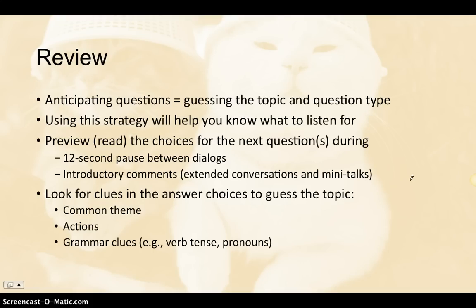You should read the choices for the next questions during the 12-second pause between the dialogues and during the 12-second pause between the questions, and also during the introductory comments for the extended conversations and mini talks, you can also preview the questions. As you look at the answer choices, you should look for common themes, actions, and other grammar clues such as verb tense or pronouns to help you decide what the questions will be about and what the topic is related to.